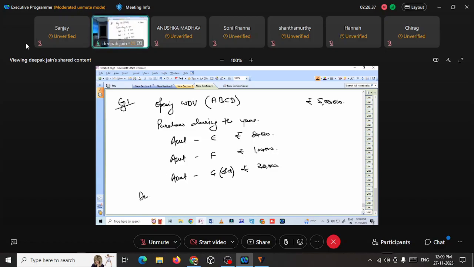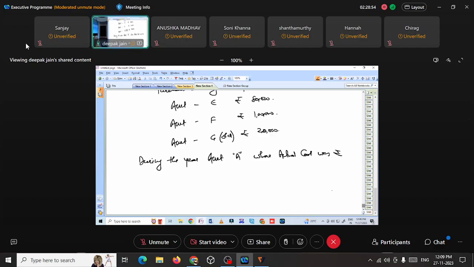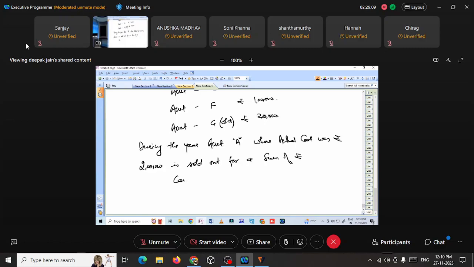During the year, asset A, whose actual cost was rupees 2 lakh, is sold out for a sum of rupees: Case 1, 50,000.